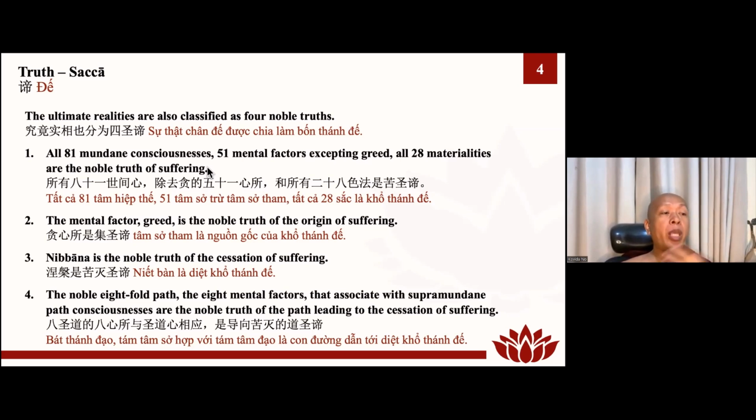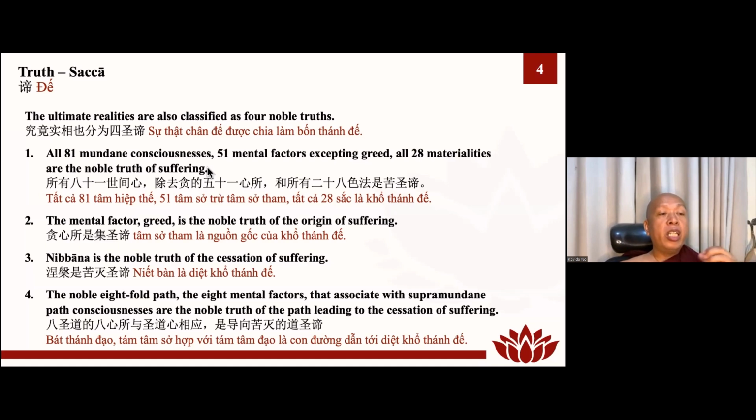So among them, 81 are mundane consciousnesses. Then we have 52 mental factors, among them excepting greed. We also have 28 materialities. So all of them are the first noble truth, suffering. Among the mental factors, greed is the second noble truth, the origin of suffering.